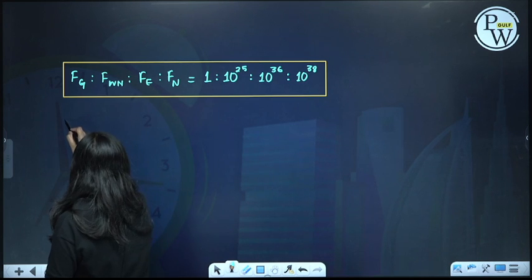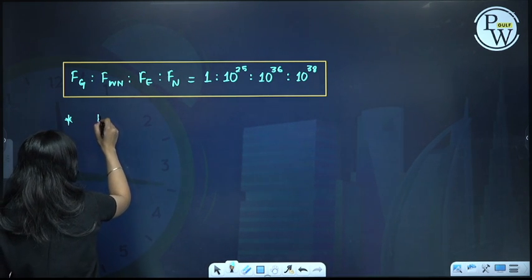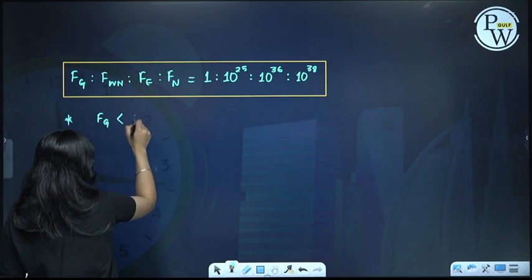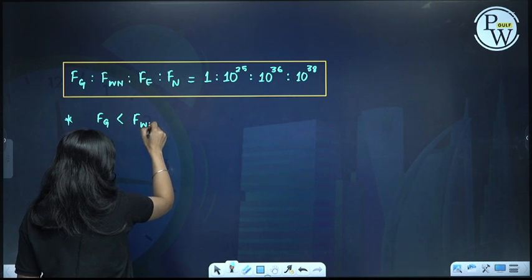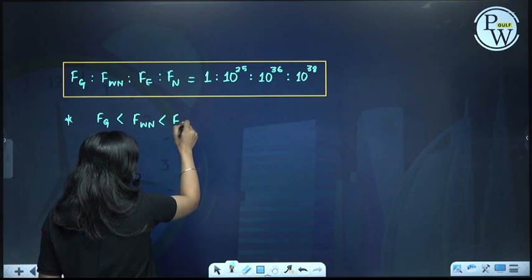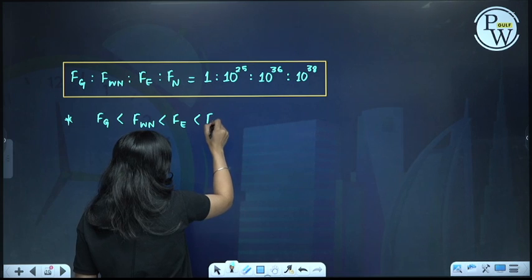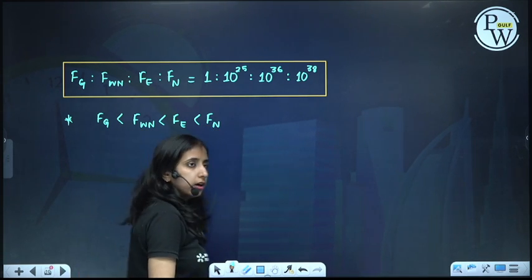If we arrange them in order, gravitational force is the weakest, then the weak nuclear, then the electrostatic, and then the strong nuclear force.